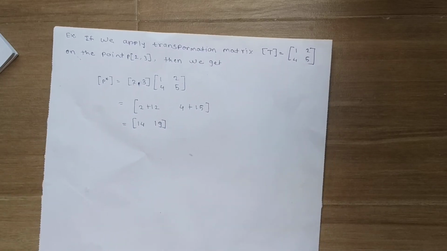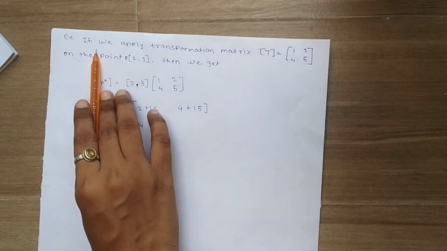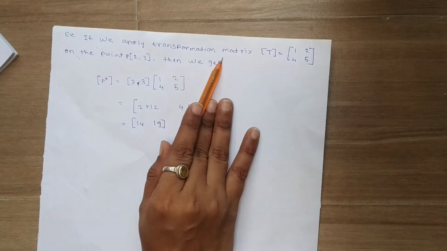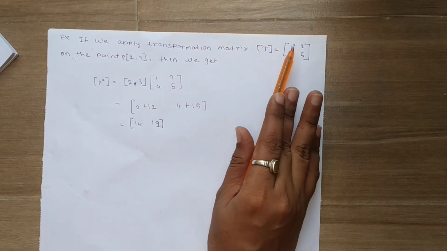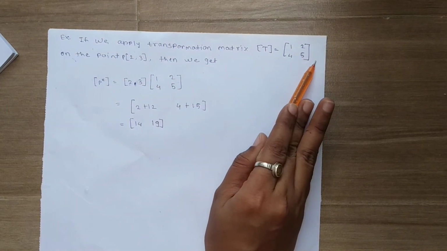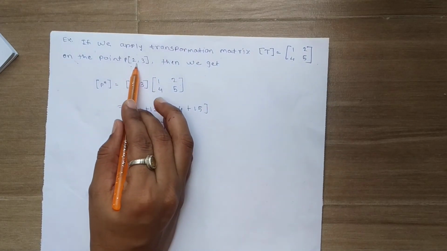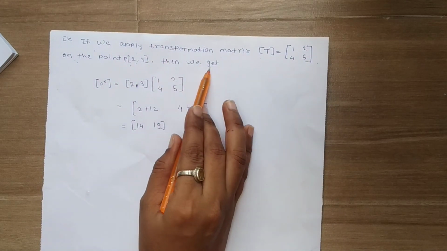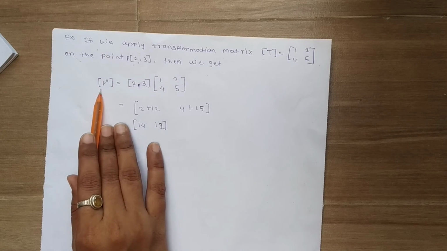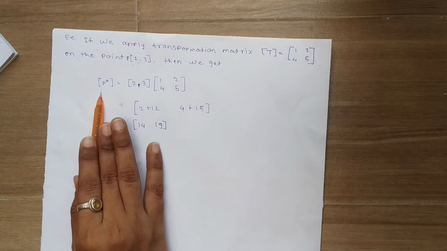For example, if we apply the transformation matrix T equals [1 2; 4 5] on the point P(2, 3), then we get P star.